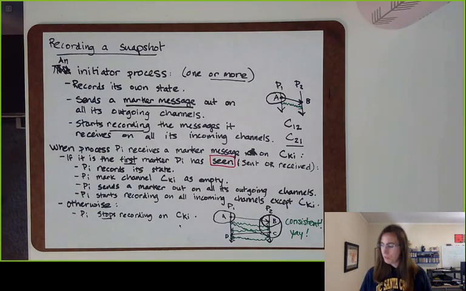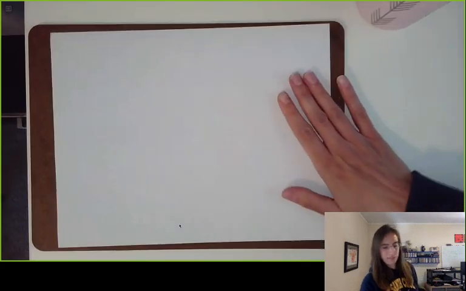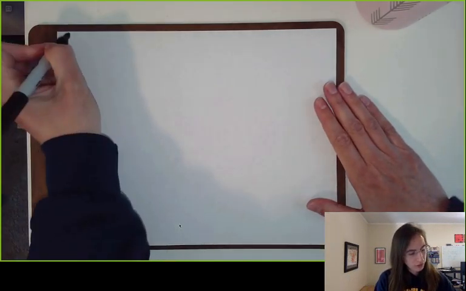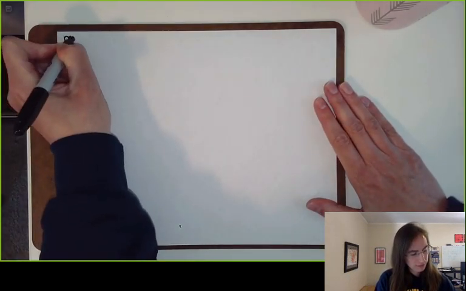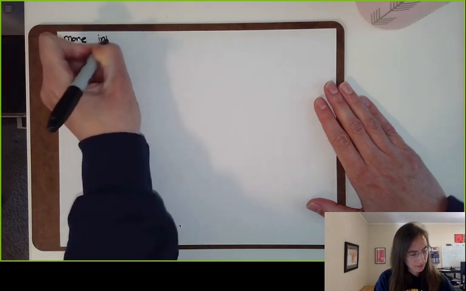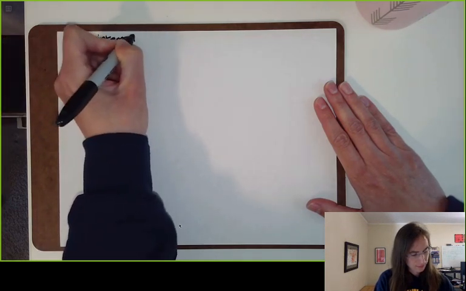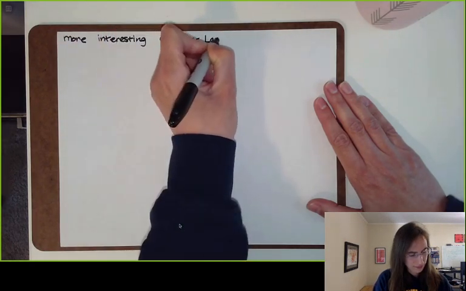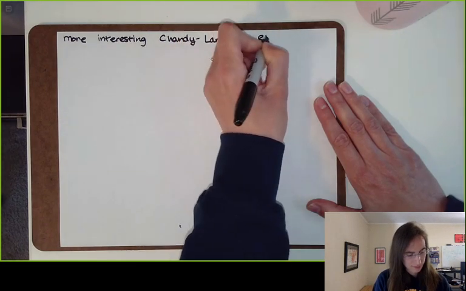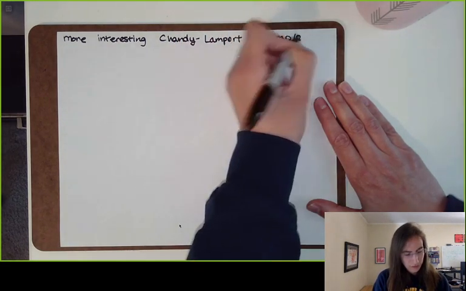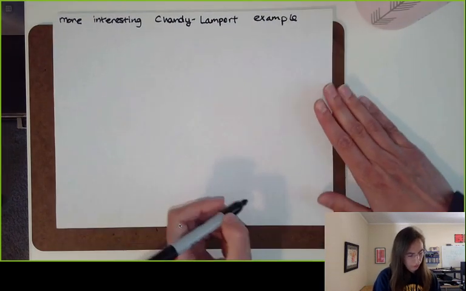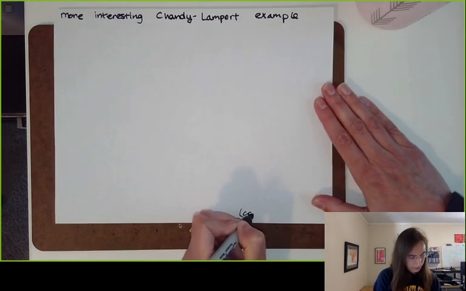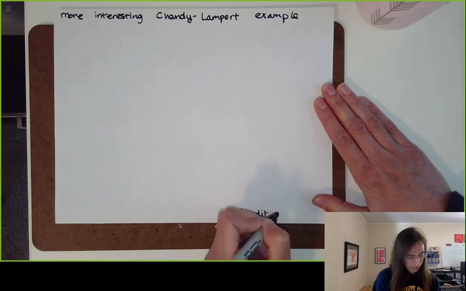So let's work through a more interesting example of this algorithm. The story here is that this is an example that I've seen other people use. So I think this example was originally due, as far as I know, to Professor Indi Gupta.